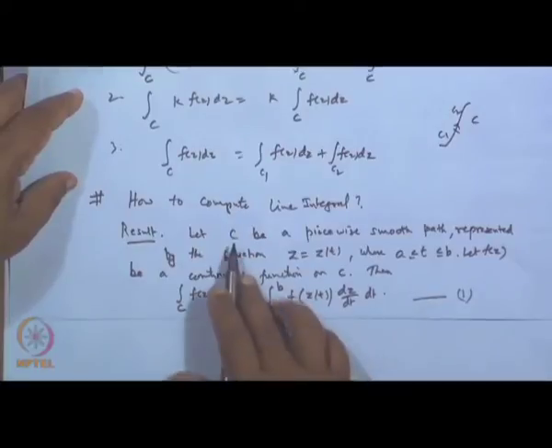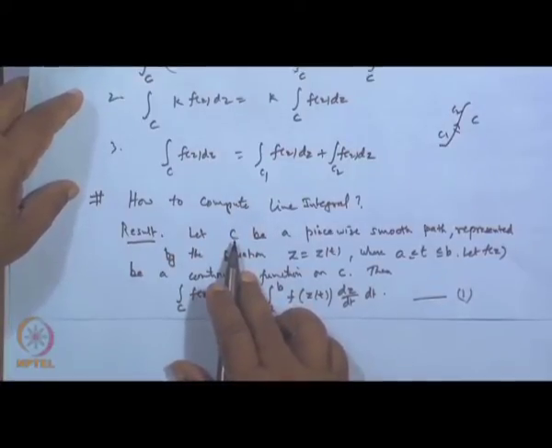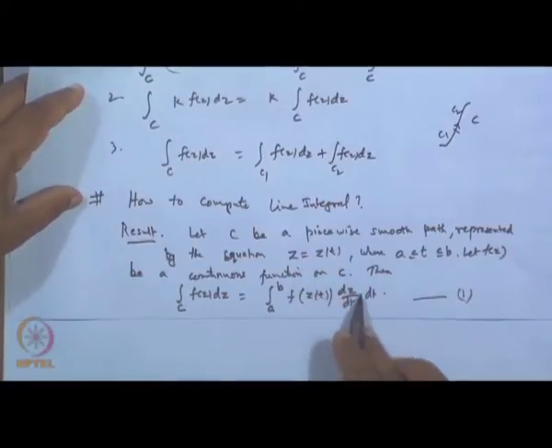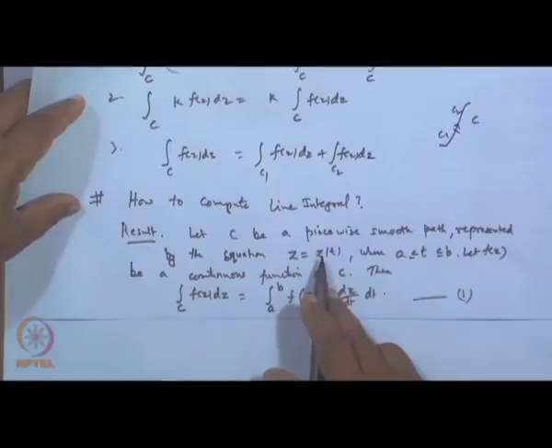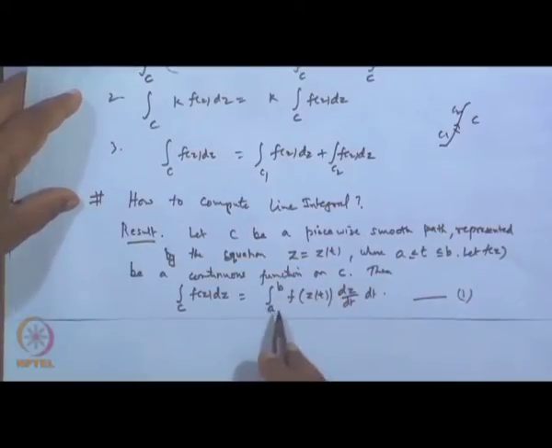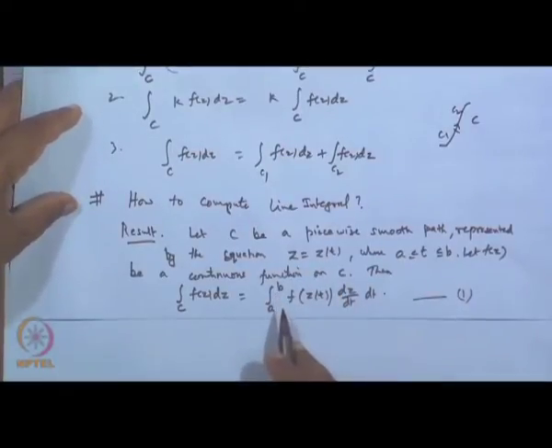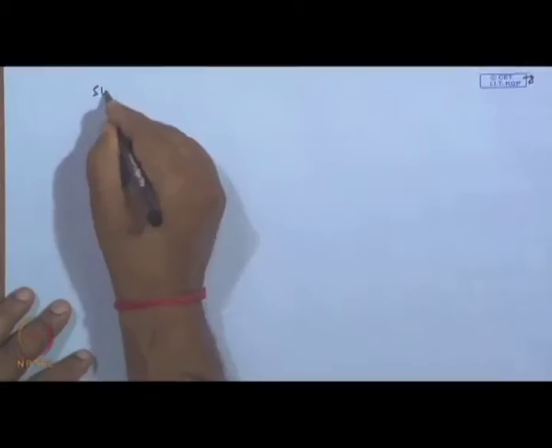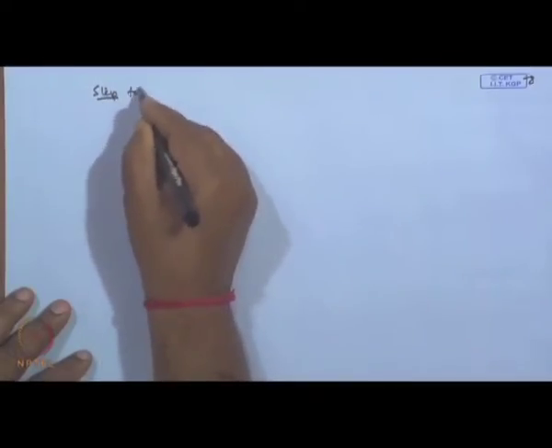We must know the parametric equation of the curve C. Once we know the parametric equation of the curve, then calculate dz/dt, which is very simple, and then find out the value of the function at each point on the curve, that is f(z(t)), and thus substitute the limits so that the entire path is covered, that is t varies from A to B. So, what are the steps to be followed?